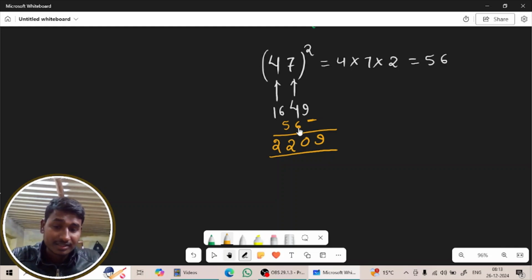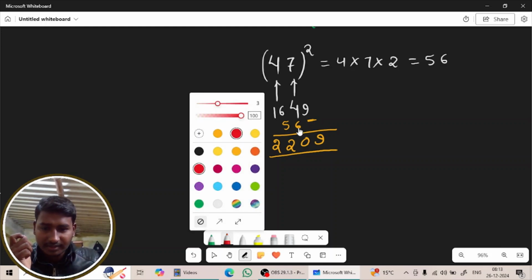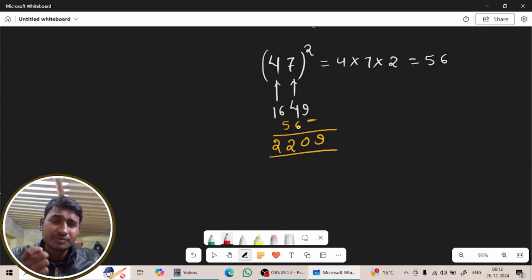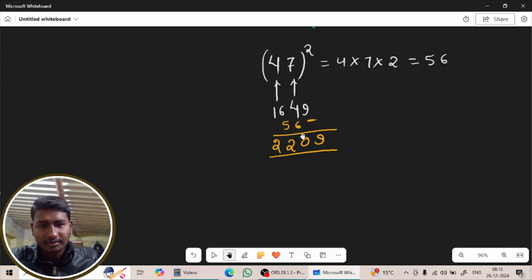Now we'll learn some more rules for finding squares. Which rule are we going to learn right now? That rule actually applies to numbers which are very close to 100, because that rule is the base and deviation rule.